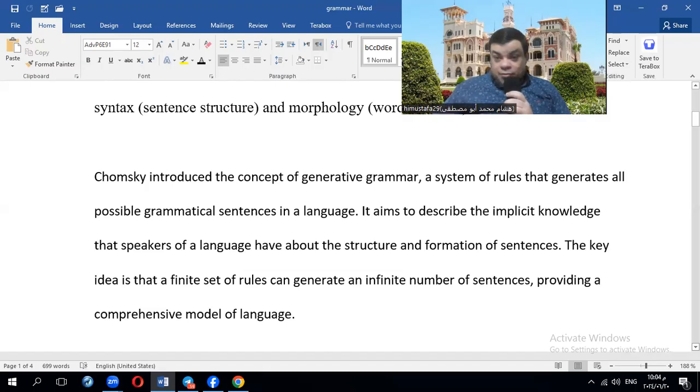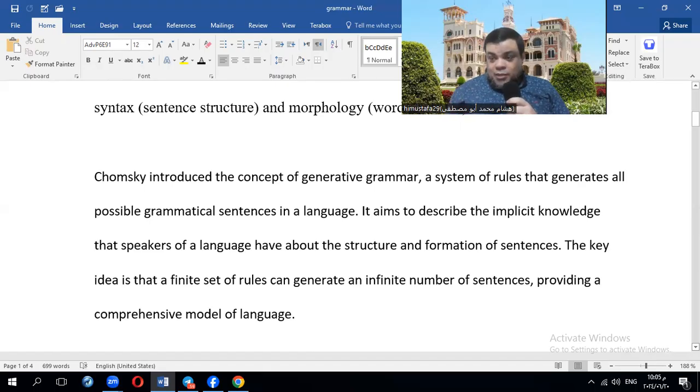The key idea is that a finite set of rules can generate an infinite number of sentences, providing a comprehensive model of a language. So we have a finite, meaning limited, number of rules that can generate an unlimited number of sentences.